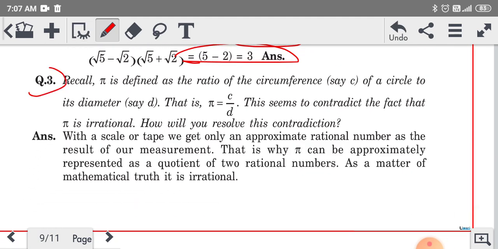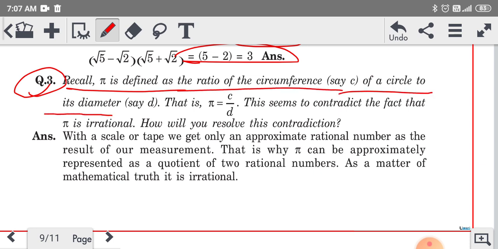Next कहते हैं क्वेश्चन थर्ड कहते हैं, recall pi is defined as the ratio of the circumference of a circle to its diameter, that is pi is equal to c by d. This seems to contradict the fact that pi is irrational. How will you resolve this contradiction?